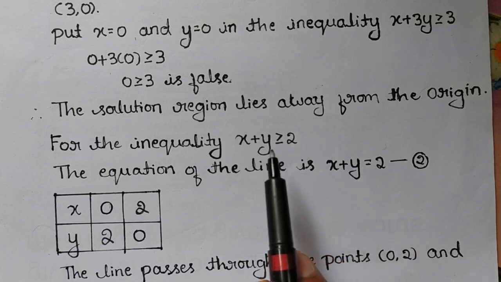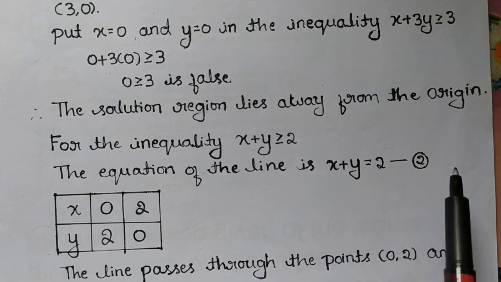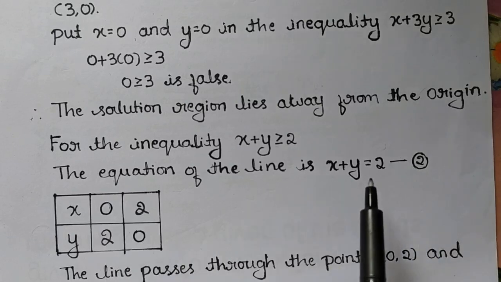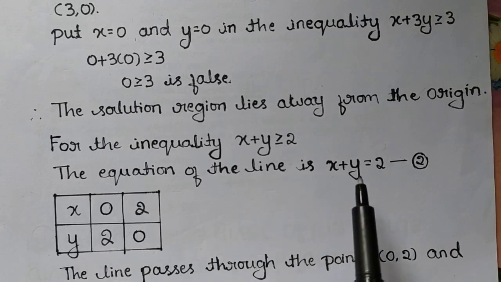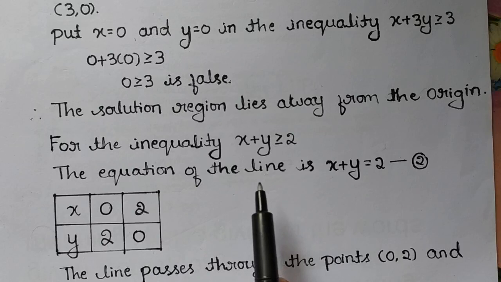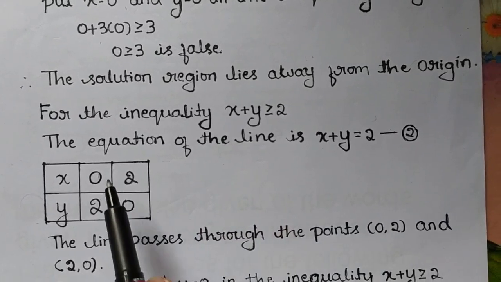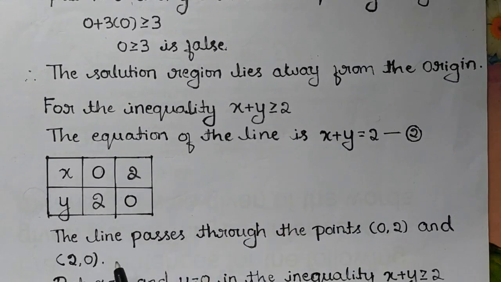I have replaced the inequality sign by equality. Call this as equation 2. Now, put x as 0 in the equation. On solving, we get y is equal to 2. Similarly, put y as 0 in the equation, we get x is equal to 2. These are the points on the line. Therefore, we write the line passes through the points (0, 2) and (2, 0).